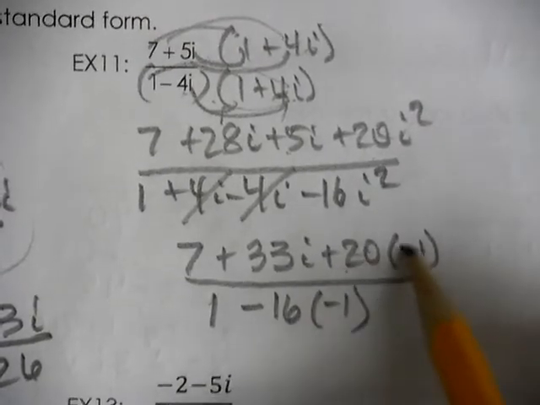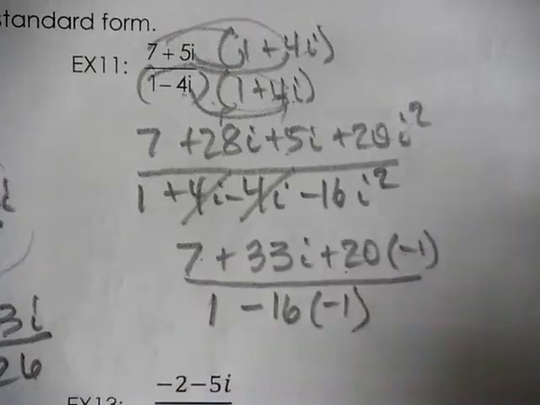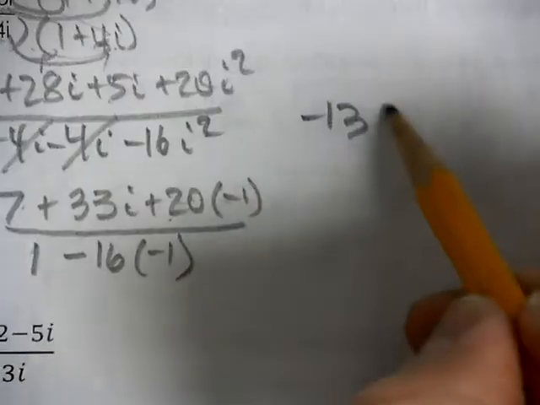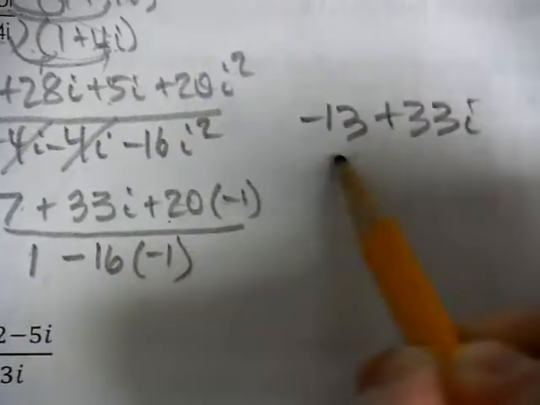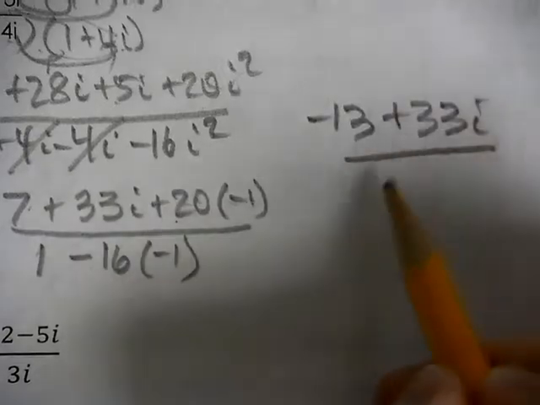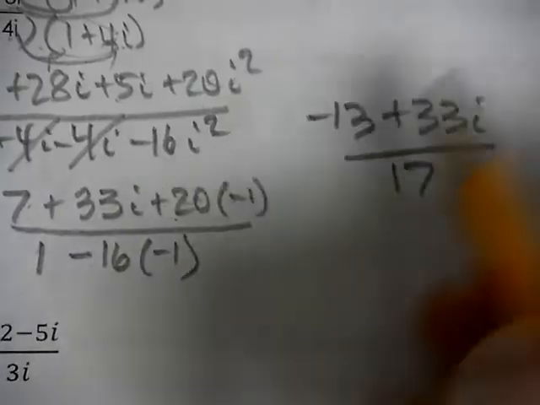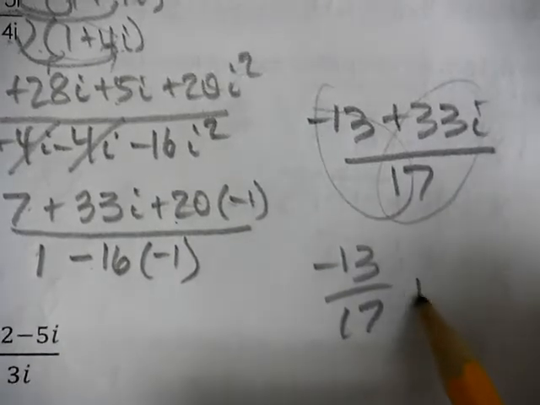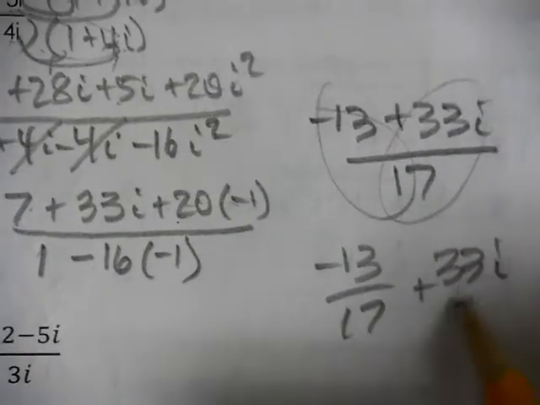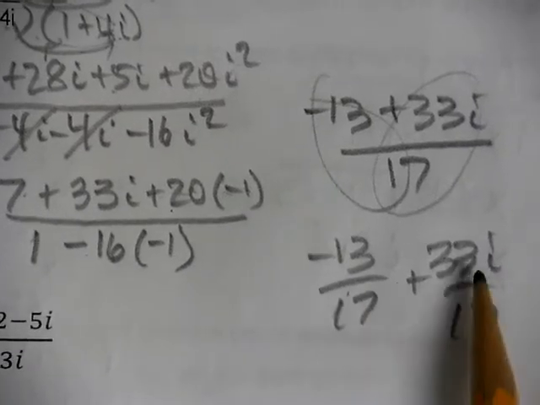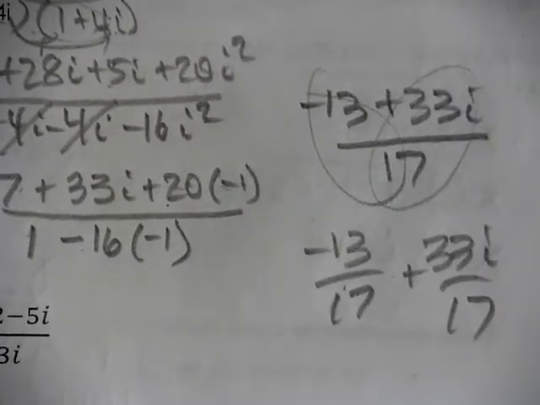So we have a negative 20, and 7 gives us negative 13 plus 33i. And the denominator is going to be a positive 16 plus 1 is 17. And we'll group this into our two types. We got the real numbers and the imaginary numbers.